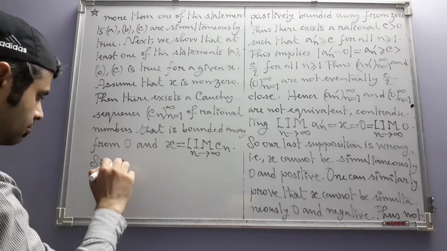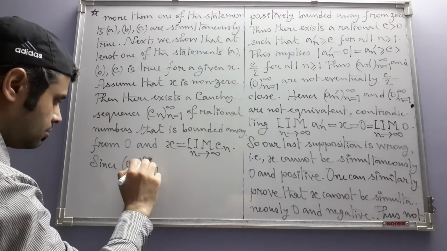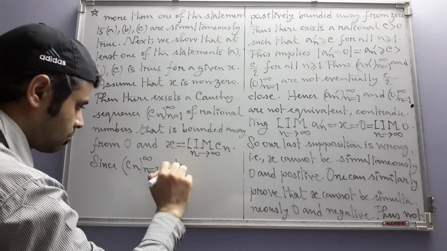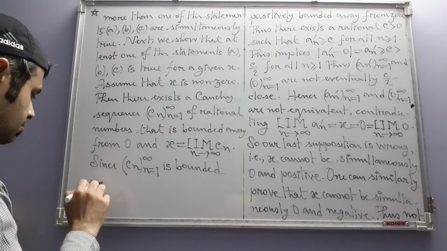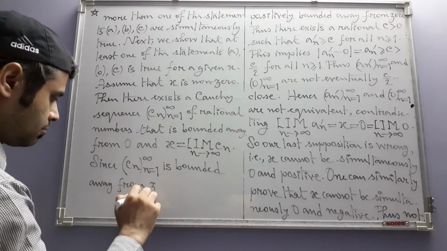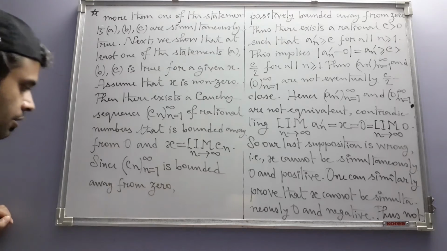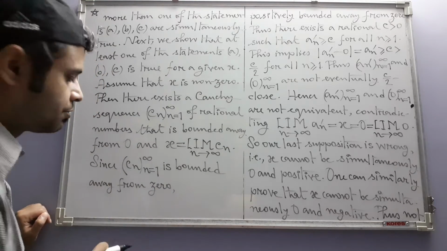Since Cn is bounded away from 0, now we are going to use the definition of bounded away from 0.